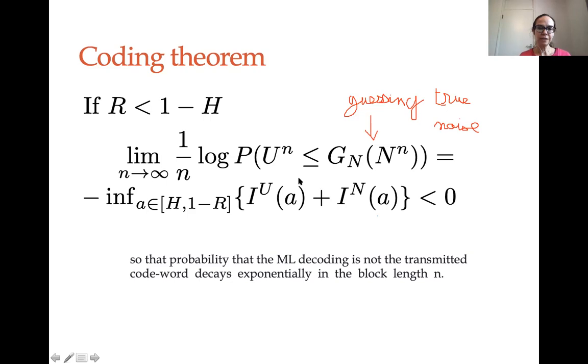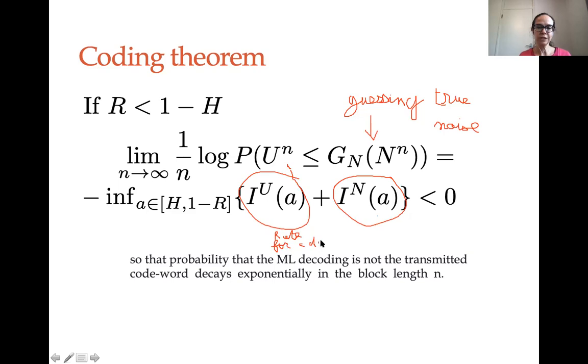This is the guessing of the code word difference noise. And this is the rate here. This is the rate of growth of the guessing that goes with the code word difference noise.